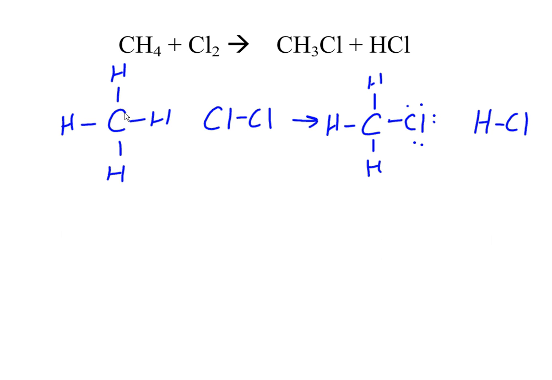So we can see that in our reactants, we're going to have to break off one of those hydrogens, and we're going to have to break apart the two chlorines. And then over on the product side, we're going to form a bond between the carbon and the chlorine and between a hydrogen and a chlorine. So now it's a matter of finding out how much energy it takes to do that.